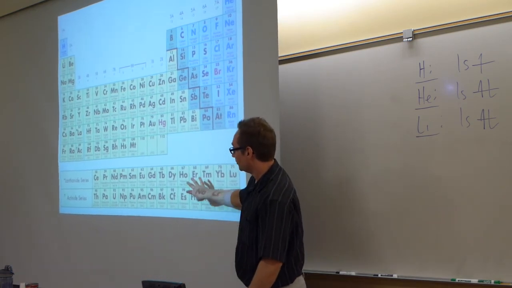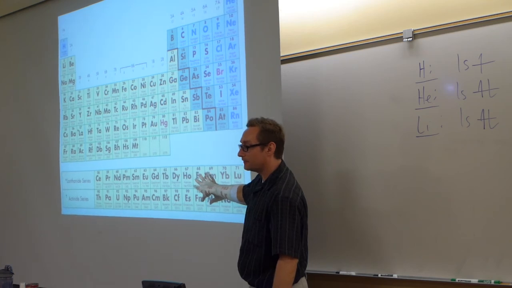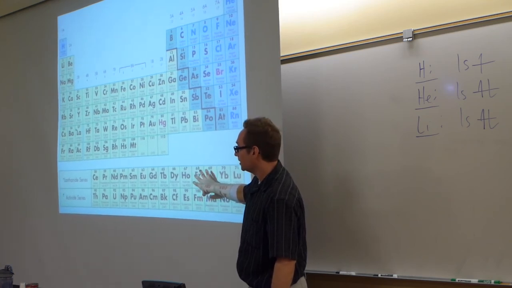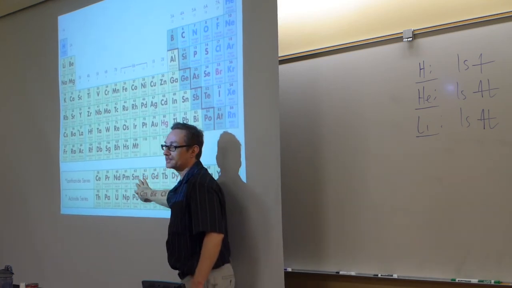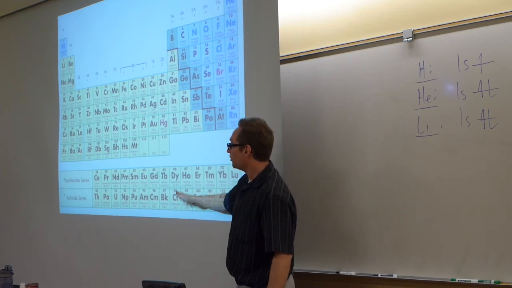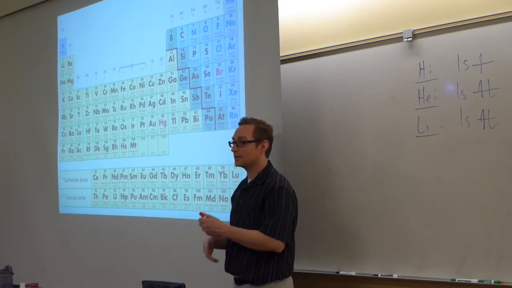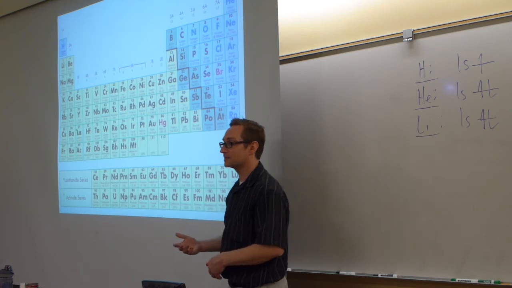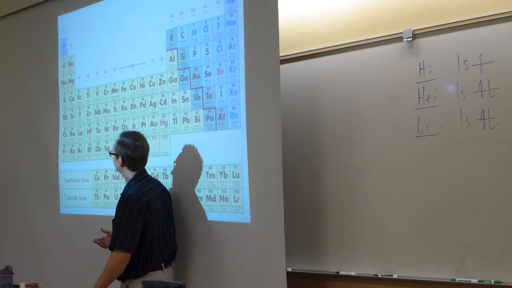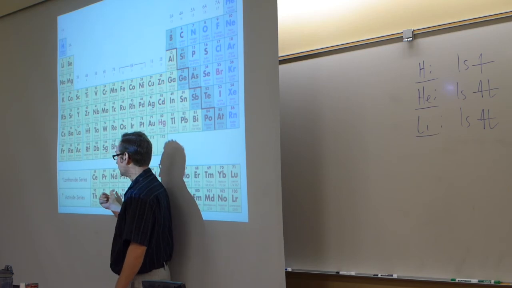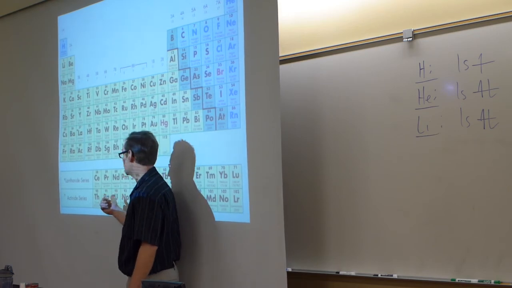Okay, so what you oftentimes find is that periodic tables will just throw the F block elements down here below, and they won't line them up with any particular group because of the varying chemistries that these elements can take on.